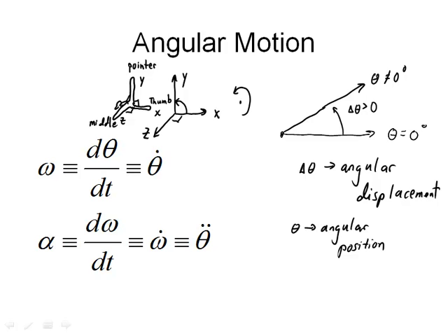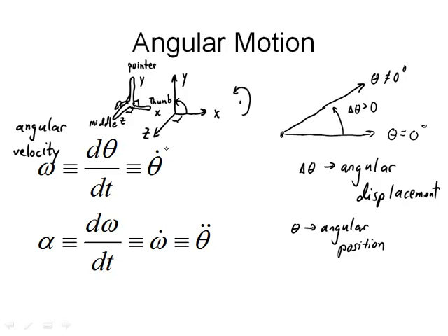All right, so omega is an angular velocity, and it is by definition the derivative of angular position, theta, with respect to time. Again, definition, I use 3 bars in my equal sign. So this is an angular velocity. A positive angular velocity would indicate motion in the counterclockwise direction. A negative angular velocity would indicate motion in the clockwise direction.